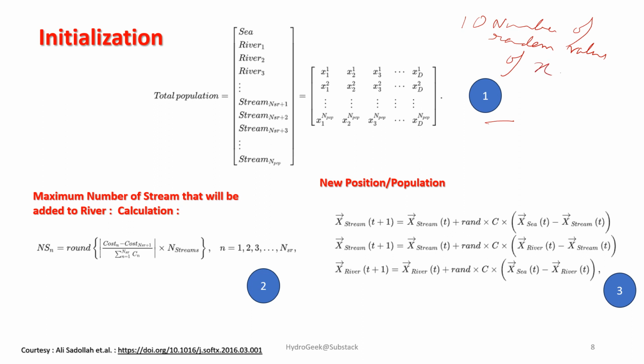Here they are saying this n pop is the total number of population generated, and this 1 is your dimension of the design variable. That means here we can use up to d number of design variables. So they are indicating this d in subscript and the population in the superscript. That is all in it. I will discuss later on how you can classify x into the sea, into rivers and into streams.